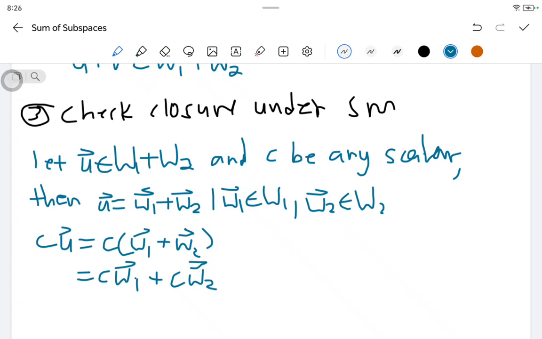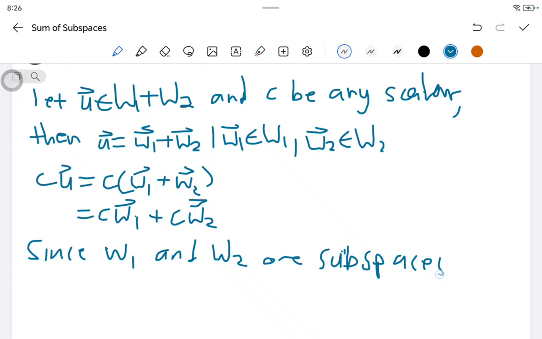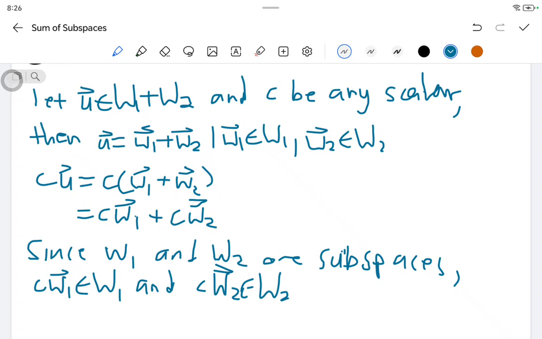So now we know again that since W1 and W2 are subspaces, c w1 will be an element of W1, since closure under scalar multiplication is satisfied, and c w2 will be an element of W2.